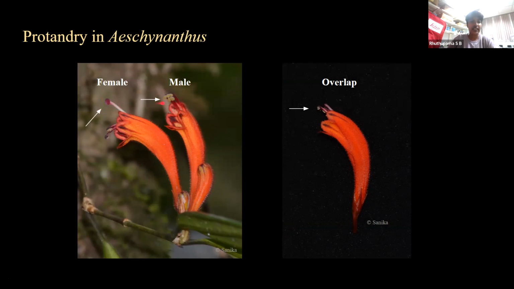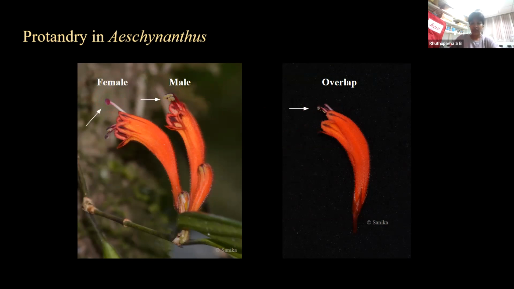the stigma. In the case of Aeschynanthus, when the flower opens, it starts with a male phase, where the male organ is mature first and is fully developed and exposed. This is followed by a short period of overlap, as you can see here, where both the male and female sex organs are together, which is followed by a female phase, where the stigma is mature and fully developed and exposed in the later stage of anthesis.